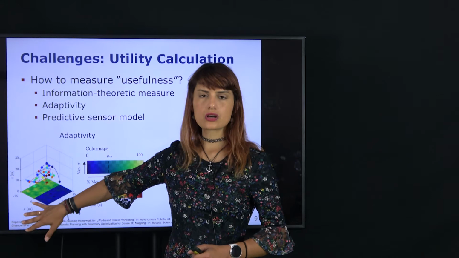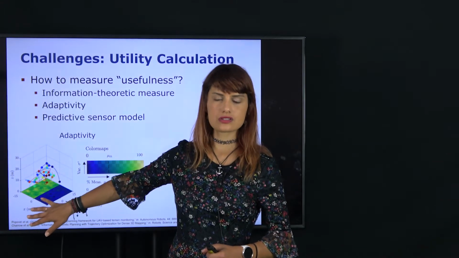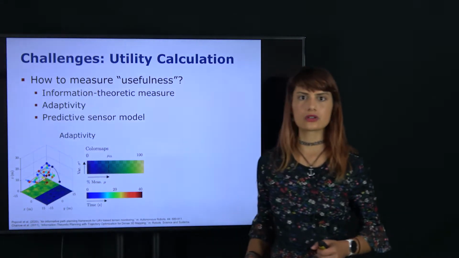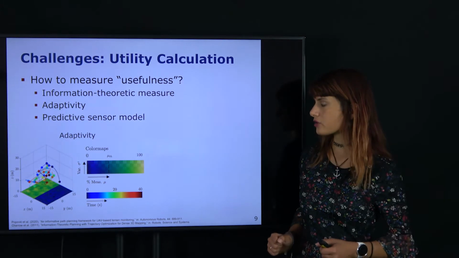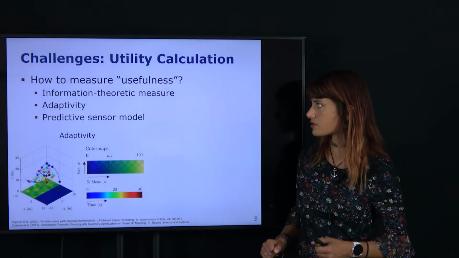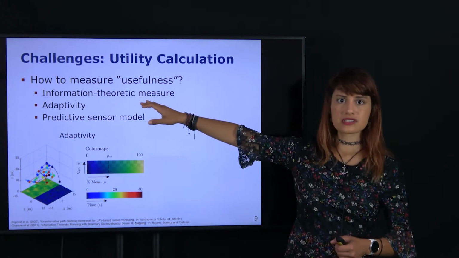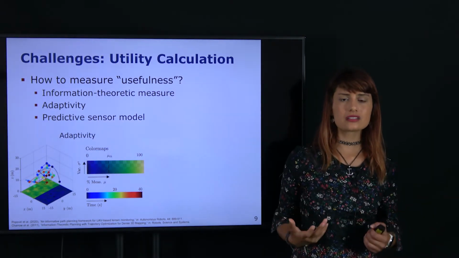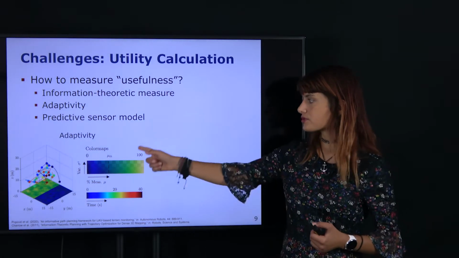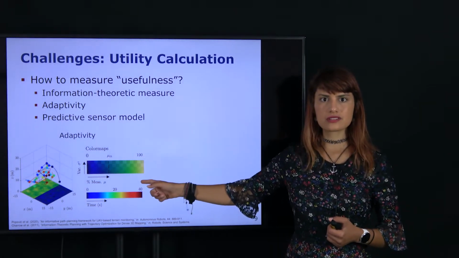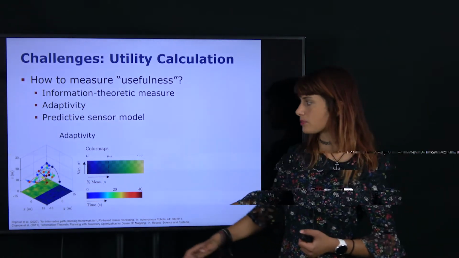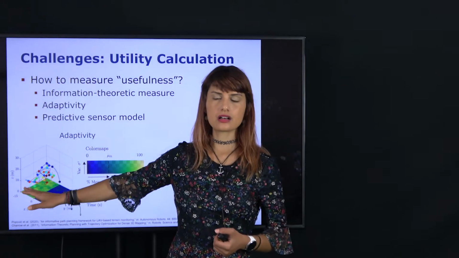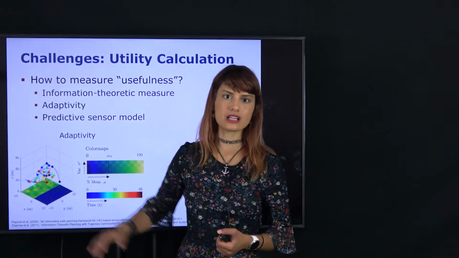This is just a very artificial example to illustrate adaptive behavior in robotic informative planning. Because our algorithm was adaptive and we were able to specify in our utility function that we're more interested in the yellower regions, as a result, our planning algorithm generated many more measurements here for data collection.